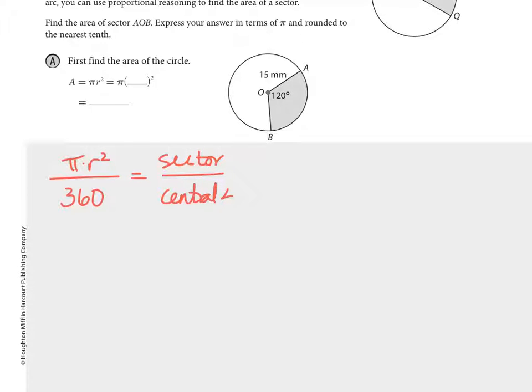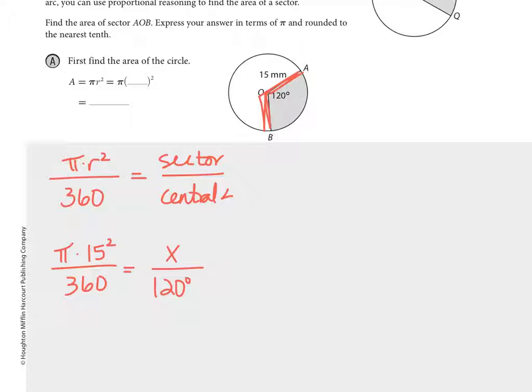So for this example, we're going to do pi times r squared, so pi times 15 squared, over 360. I don't know the area of the sector, that's what I'm trying to figure out, so I'll call that x. But I do know the central angle, the angle of this sector, is 120 degrees. So we could just solve this using that ratio.